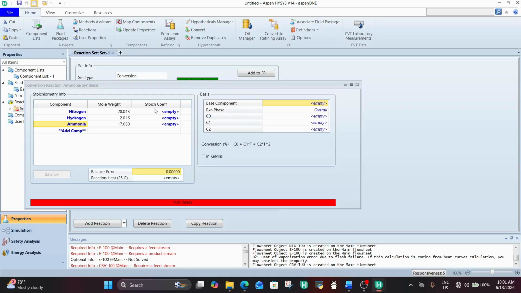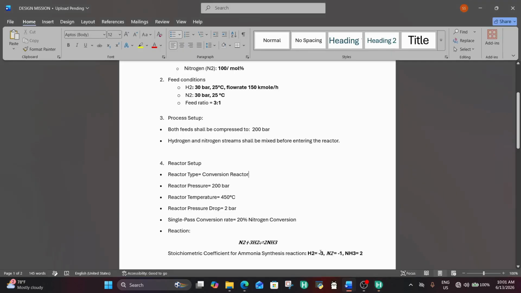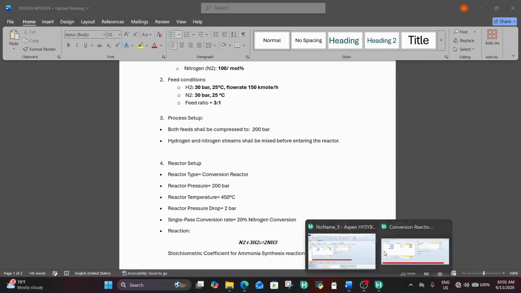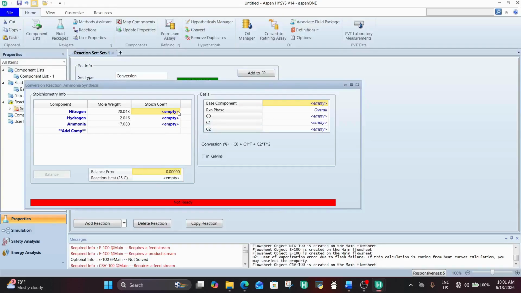We specify our stoichiometric coefficients, which we haven't specified yet. Hydrogen -3, nitrogen -1, and ammonia 2. Good. Balance 0.